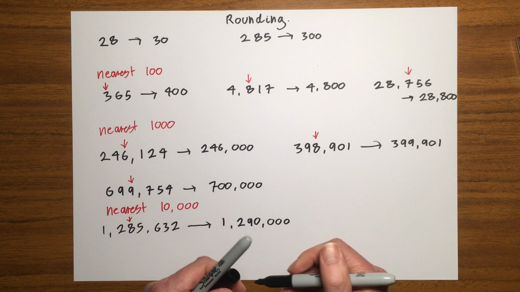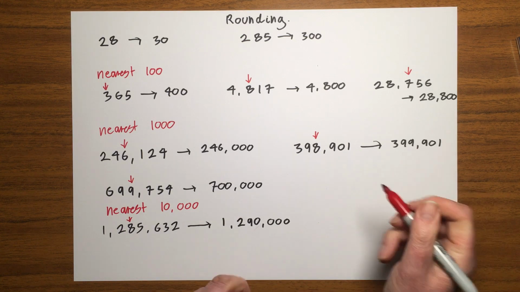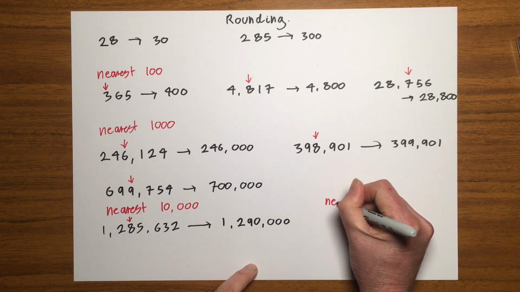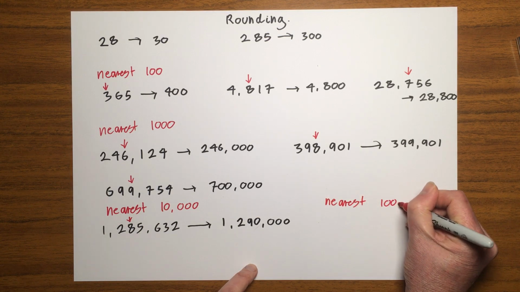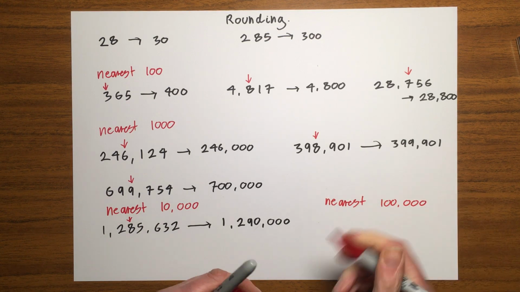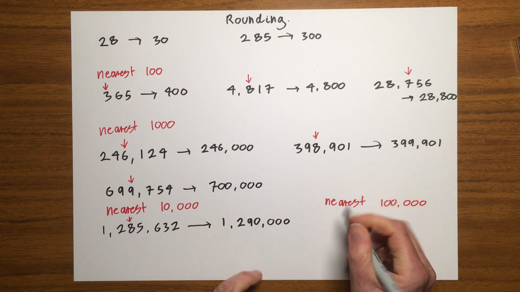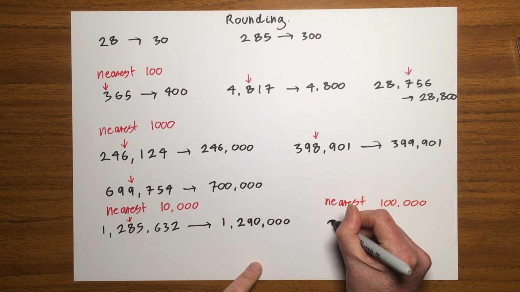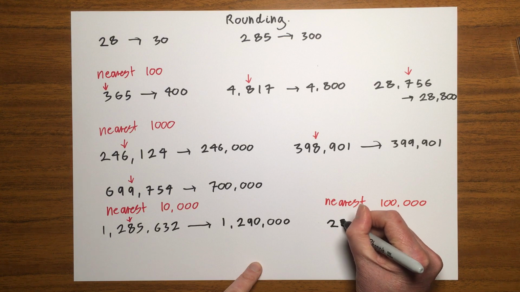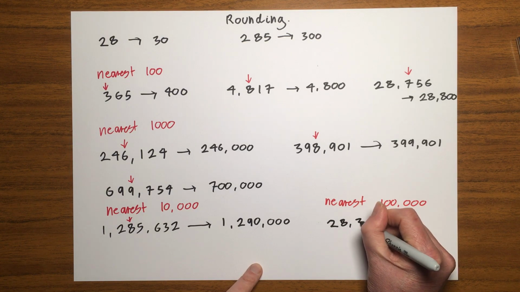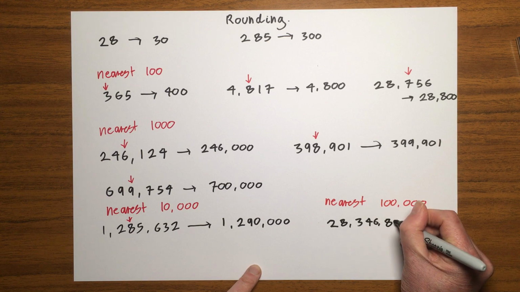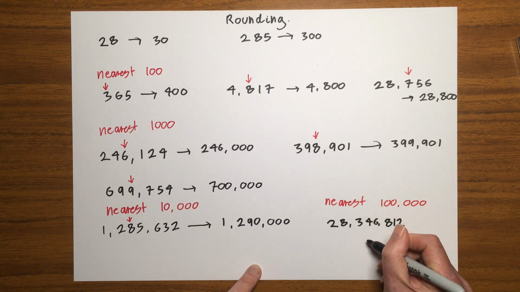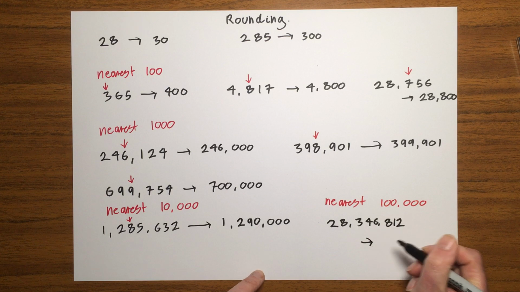Let's do another big one to finish off with. So I'm going to do, let's do to the nearest 100,000. So let's do a nice big number. Let's do 28,346,812. I'm not going to have space there, so I shall do it underneath.